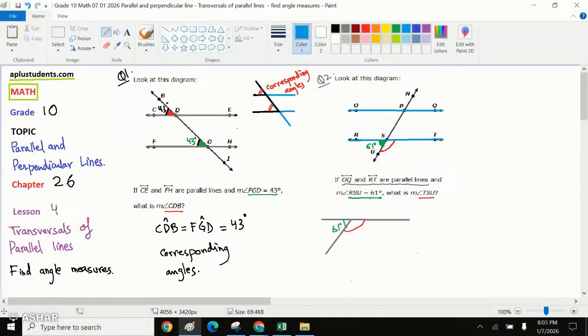And we know that a line is always made up of 180 degrees, right? So the sum of these two angles should be, if we suppose TSU as X, so we can say this is X. So can we say 61 degrees plus X degrees should be equal to 180?